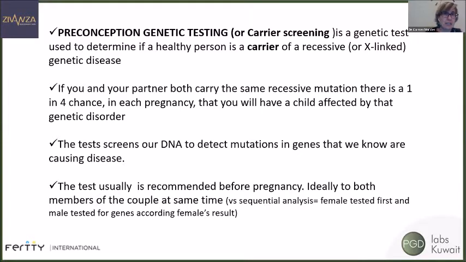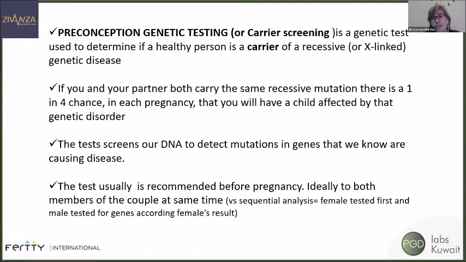But if you detect several mutations, then you have to test the male, and in the end the cost will be the same, and you are adding more time to get the final result, because first you need to test the female, then wait for the results, and then start the male genetic tests.